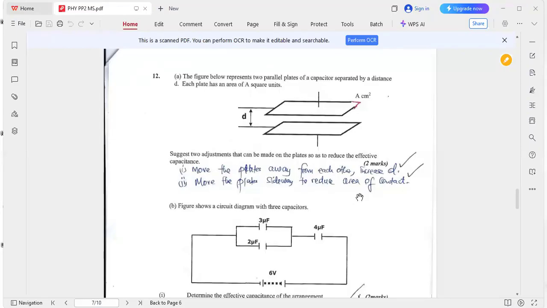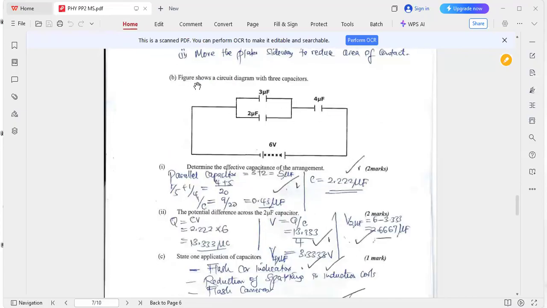Then, in terms of the dielectric, you may not talk about the dielectric because here we are using air. So we are not changing the air, it's still there.